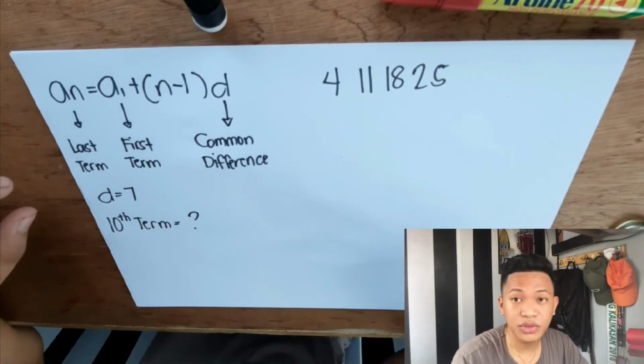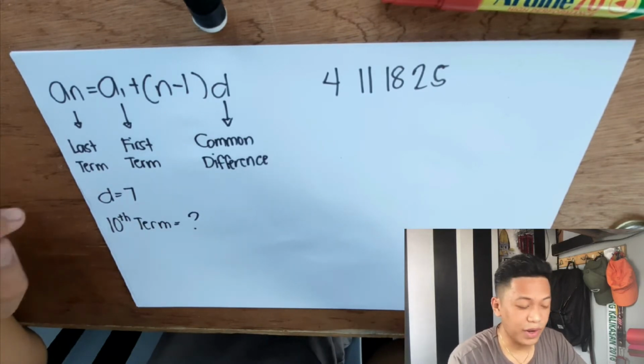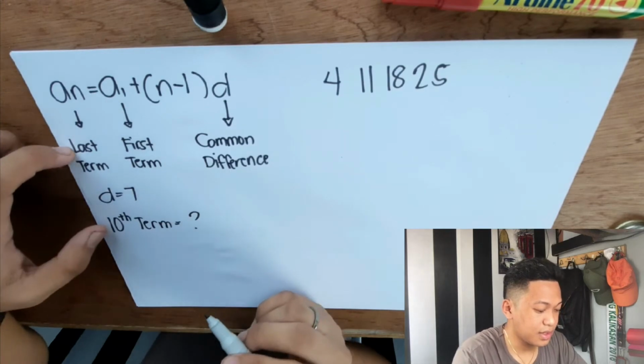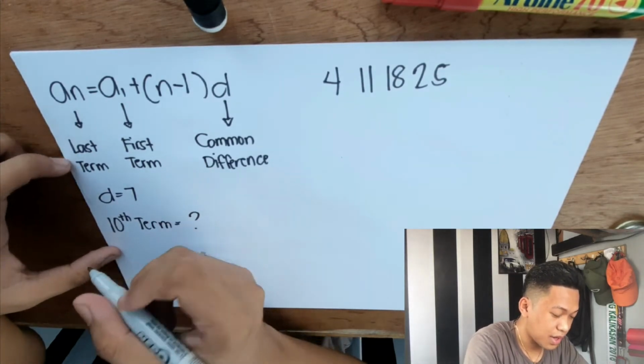So, isa-substitute lang natin yung ating mga terms doon sa ating formula. So, ang A sub N is 10 kasi siya yung last term, siya yung ating hinahanap.